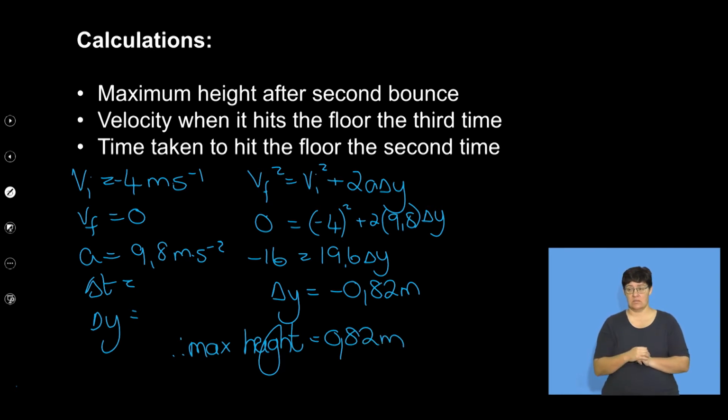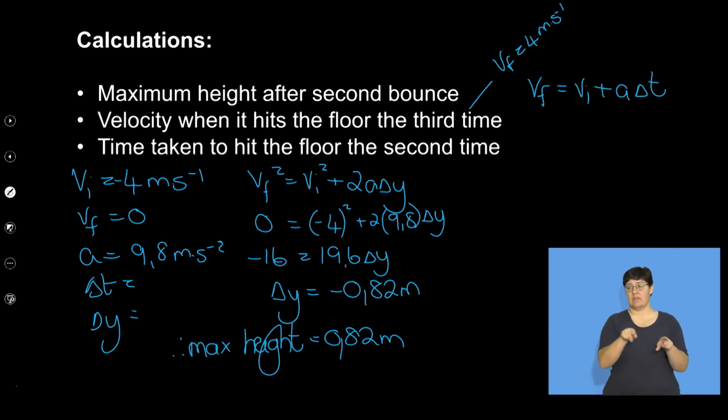All right. Velocity when it hits the floor for the third time. It left the floor at 4. It's going to hit the floor at 4. So Vf is a positive 4 meters per second. Time taken to hit the floor for the third time. So Vf equals Vi plus a delta t. That's 4.